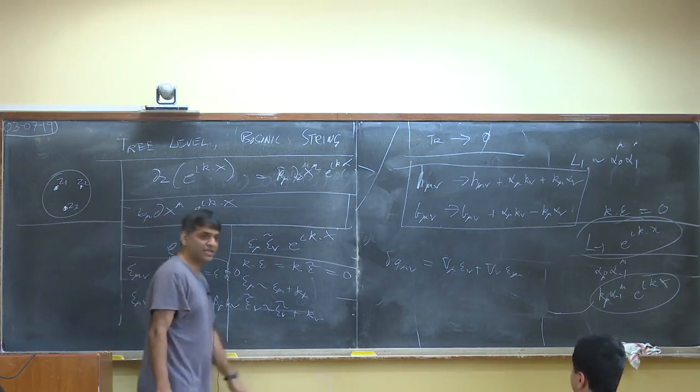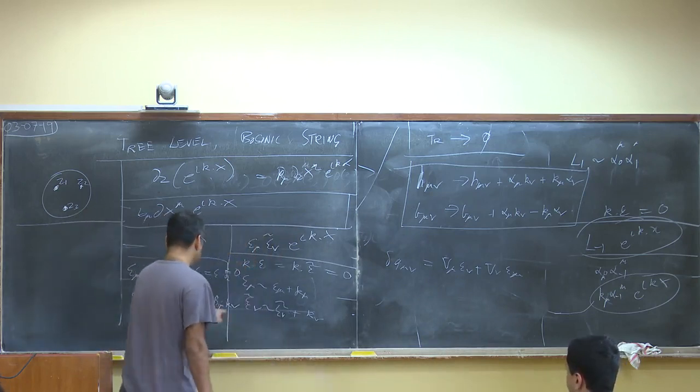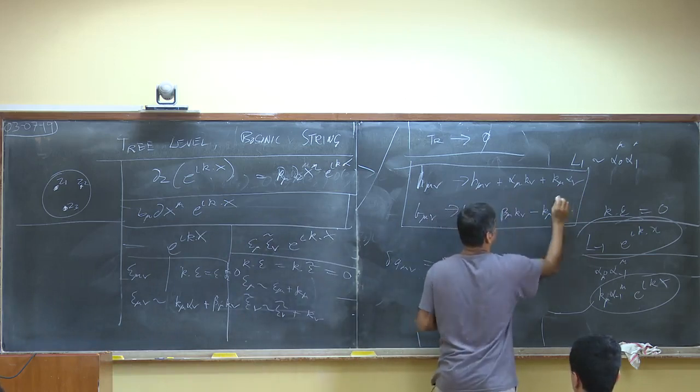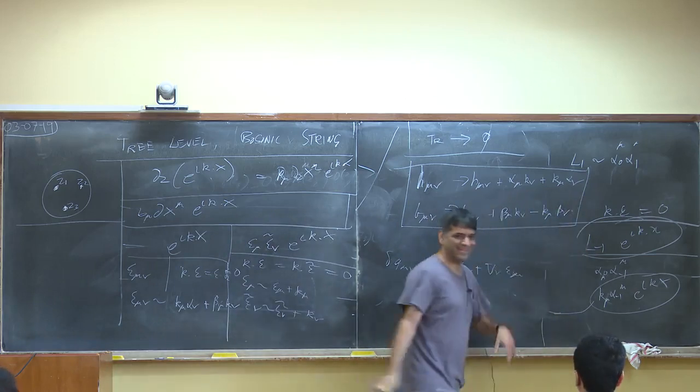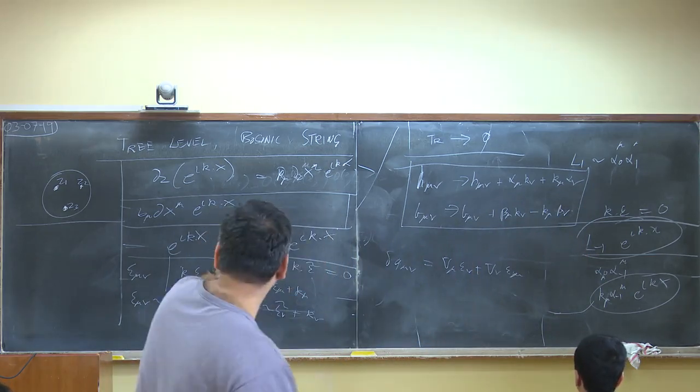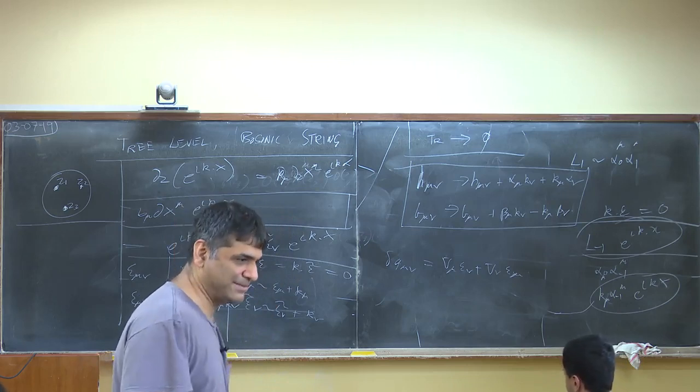The way you should think of it is that there were two vectors here, and there are also two vectors here. I'm just taking symmetric and antisymmetric linear combinations of the old alphas and betas.